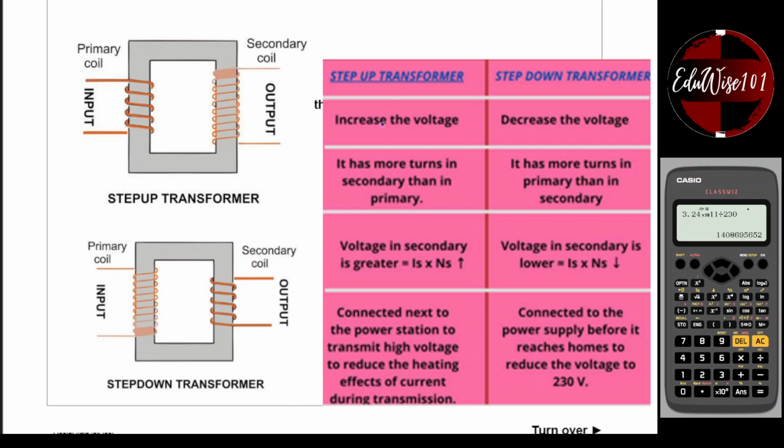Step-up transformers increase the voltage, step-down transformers decrease the voltage. As you can read the rest of the information, it's important that you understand the difference between these two different types of transformers. That brings us to the end of this question. I will see you in the next question.